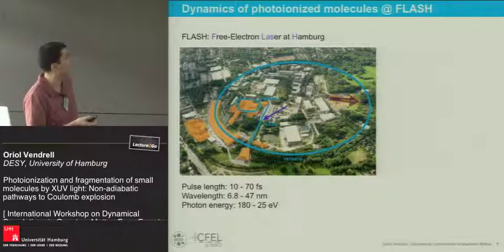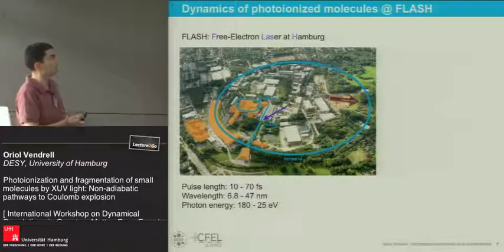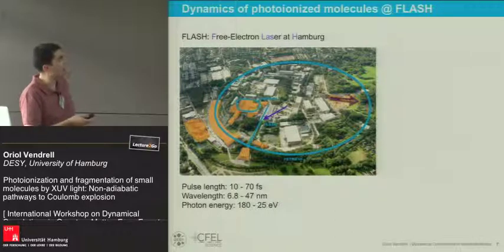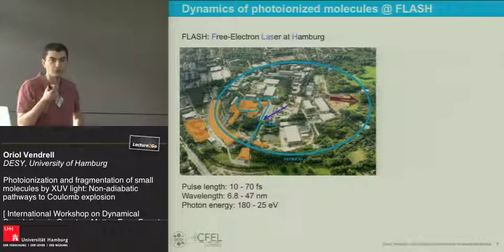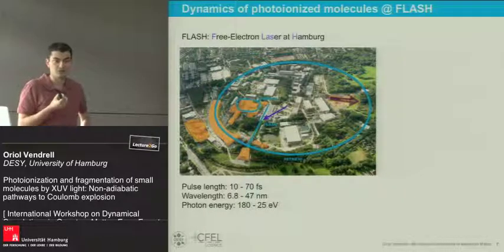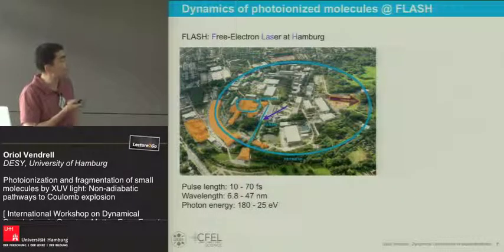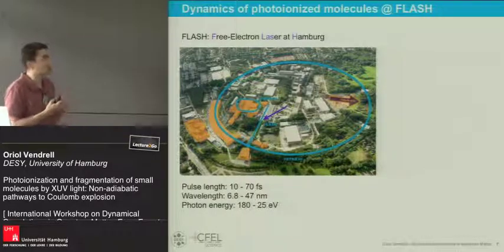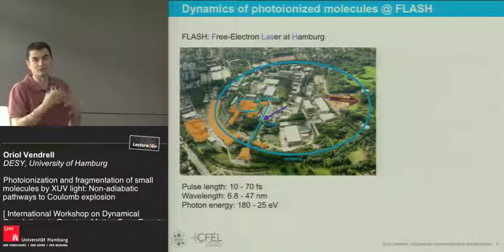And Joachim already motivated why it's interesting to look at molecules at FLASH. I would just add that with FLASH, we do ionizations that are mostly valence ionizations, and with these we have molecules that still behave in a way that one can think about chemistry.